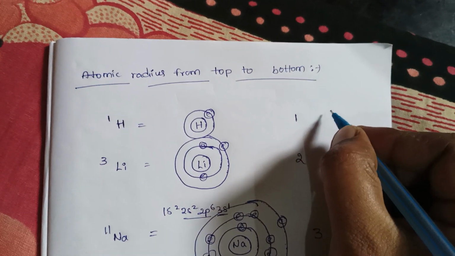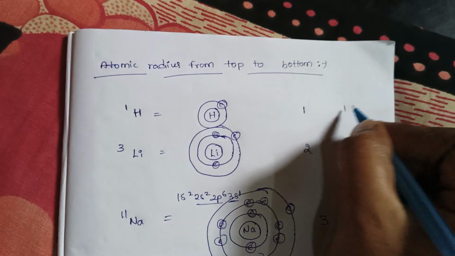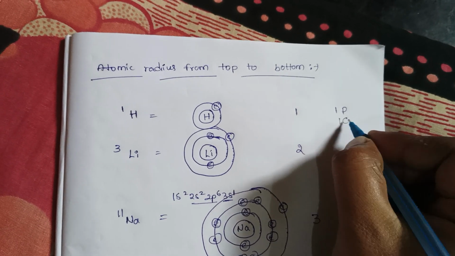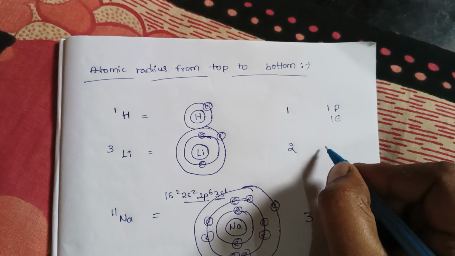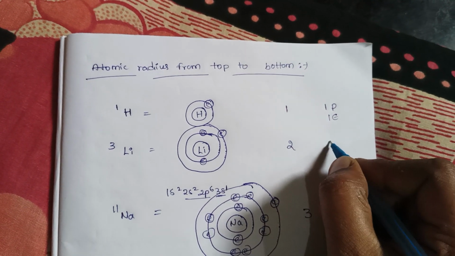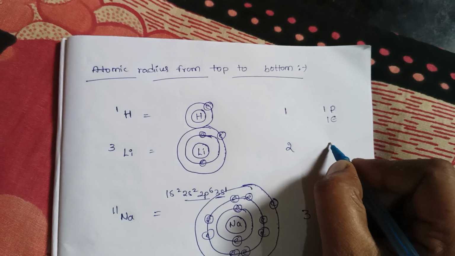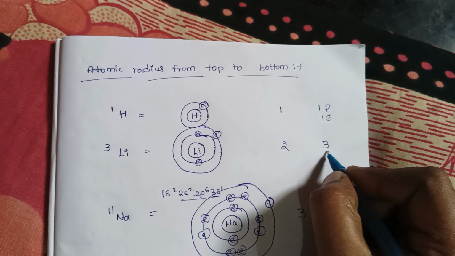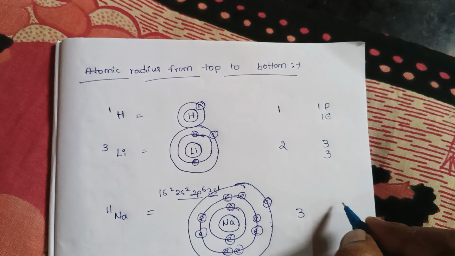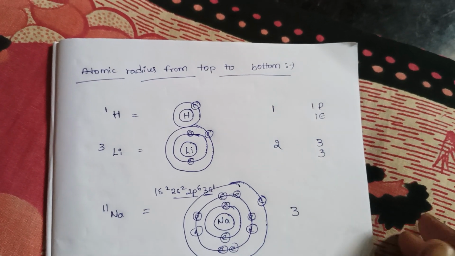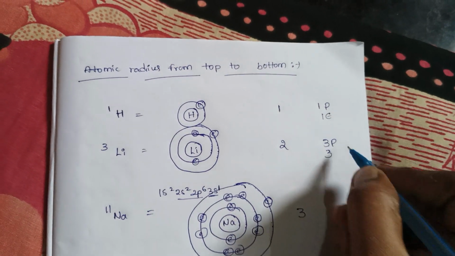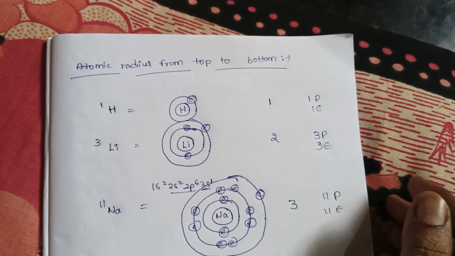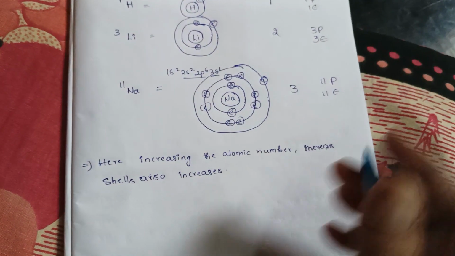Number of protons, how many here? One proton, one electron. For lithium, 3 protons, 3 electrons. 11 protons, 11 electrons are present in sodium.